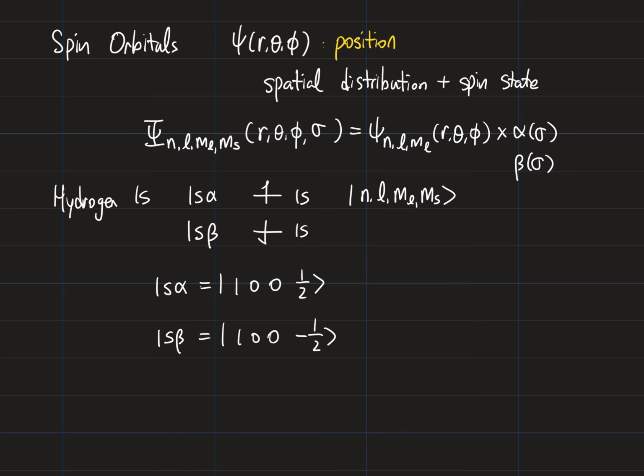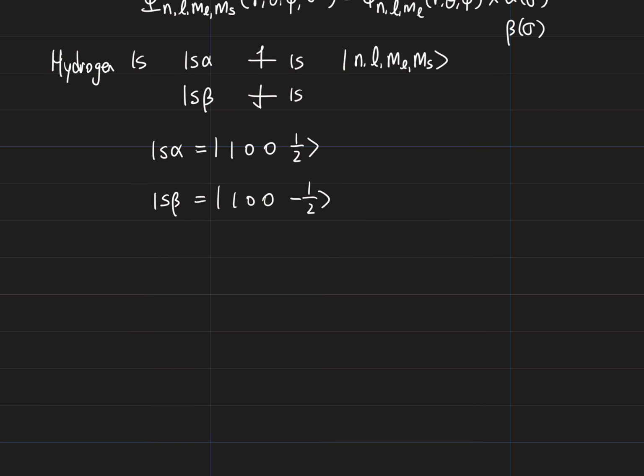And let's talk about their energies. Spin-independent Hamiltonian. So the Hamiltonian H is the operator that corresponds to the total energy of the system.